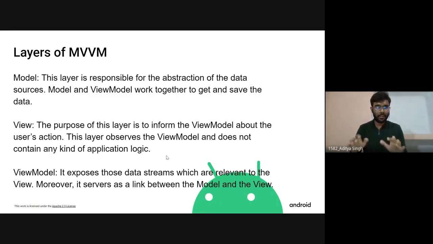Now I told you how view model and view work. Let me tell you how view model and model work. Consider the same example. You press the button and you want to display some text, but that text needs to be fetched from a server. In that case, view model will go to model.